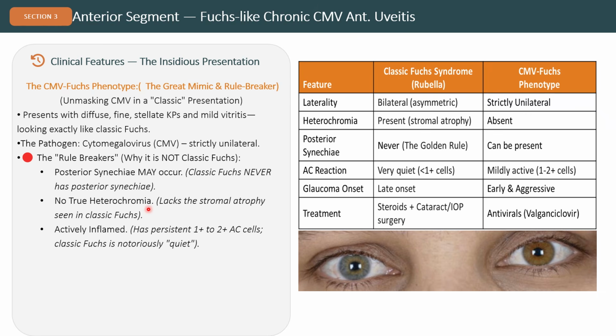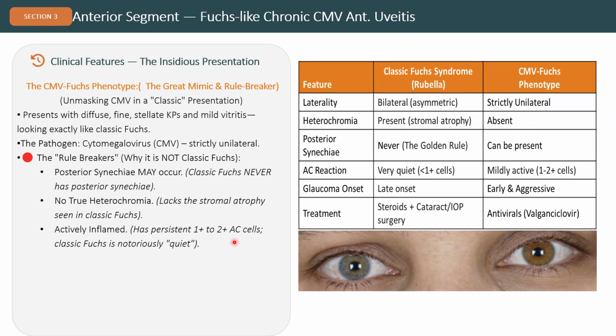The other thing is the degree of inflammation in the chronic variety of the Fuchs-like cytomegalovirus anterior uveitis, there is inflammation between +1 and +2 cells, which is completely absent or very minimal inflammation you will find in the classical Fuchs uveitis syndrome.